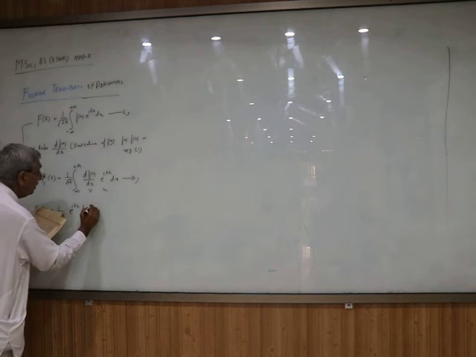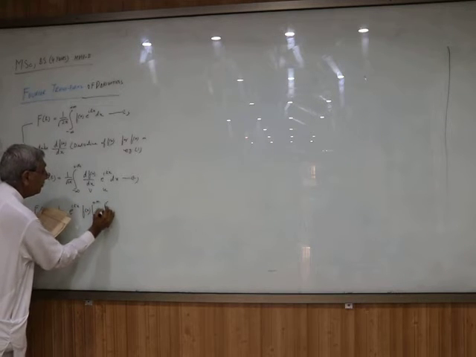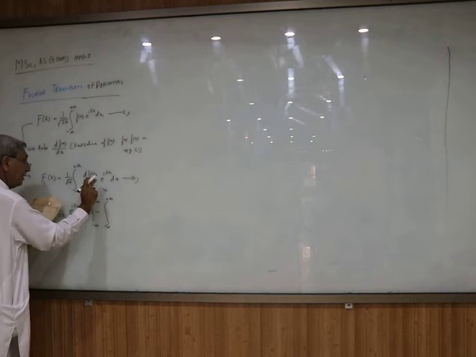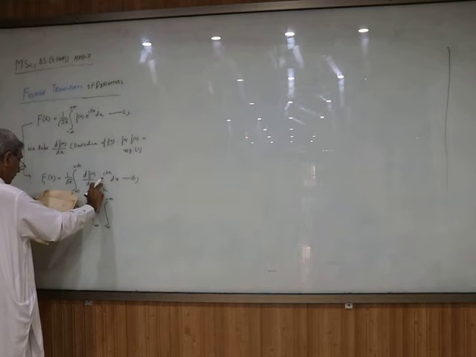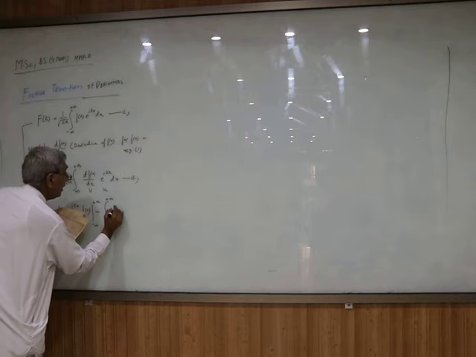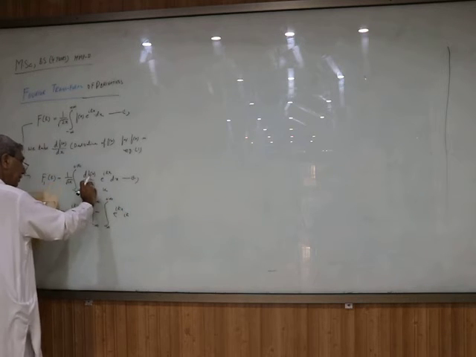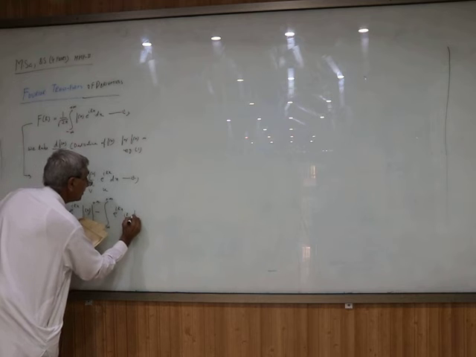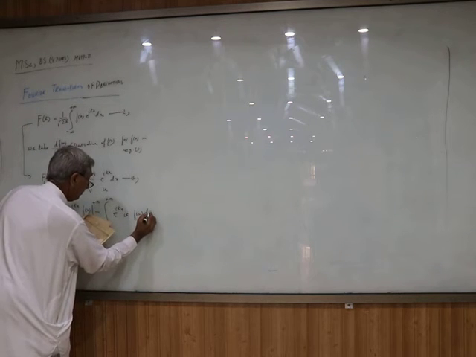Okay, they will cancel. The limit is minus infinity to plus infinity, minus the integral of the derivative of u, which is e raised to ikx into ik, into the integral of this, which is f(x) dx. Okay?